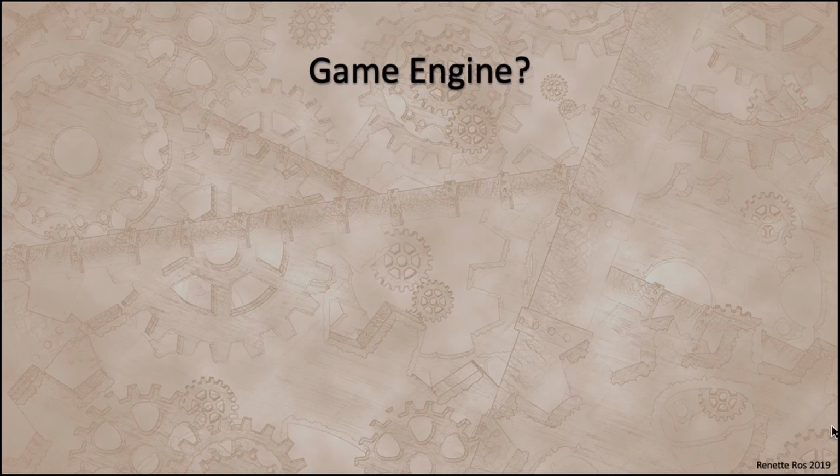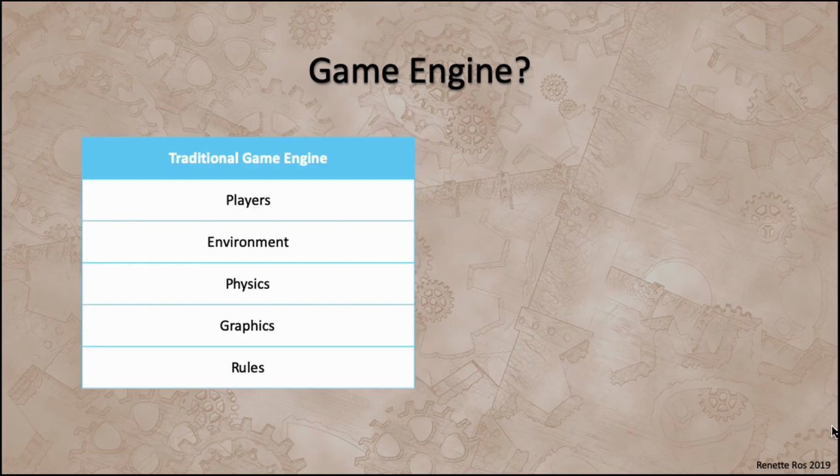This game engine, even though we call it a game engine, is a little bit different from a traditional game engine. In a traditional game engine, we have our players, we have our environment, we have physics and graphics and rules. But our game engine also has a little bit of overlap with the enterprise system.